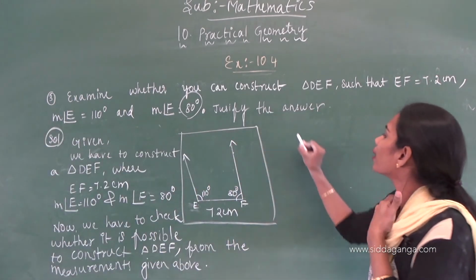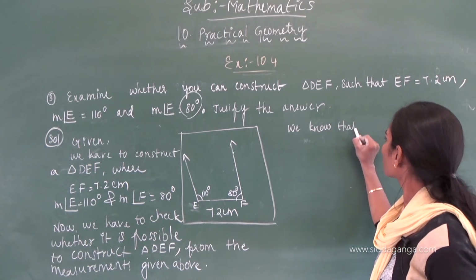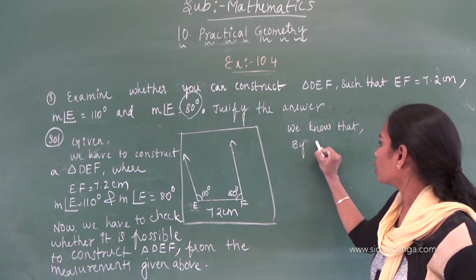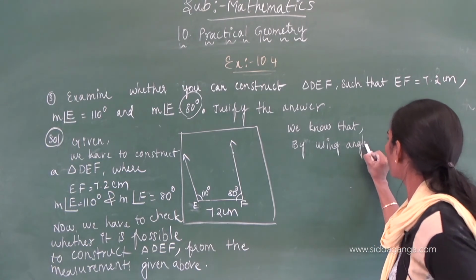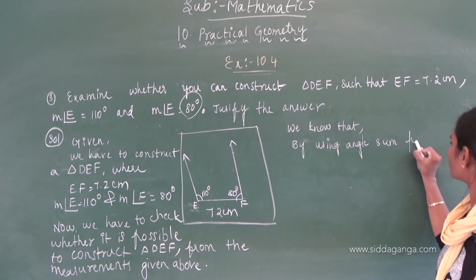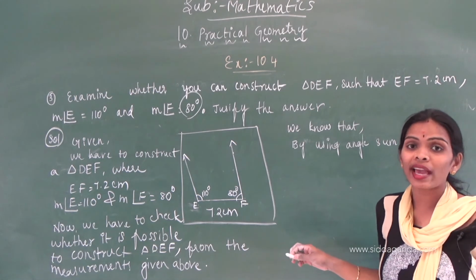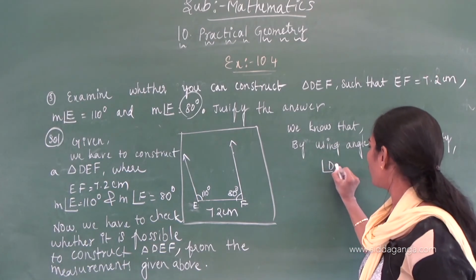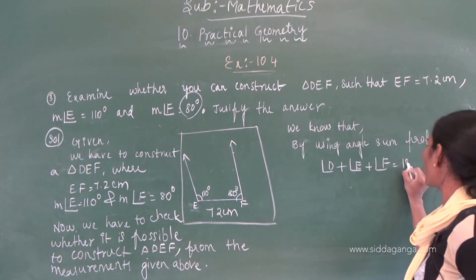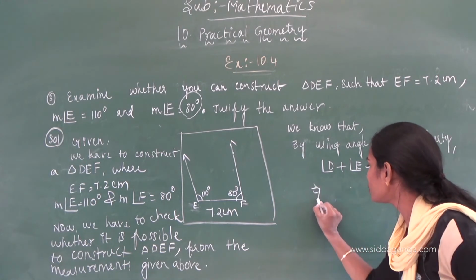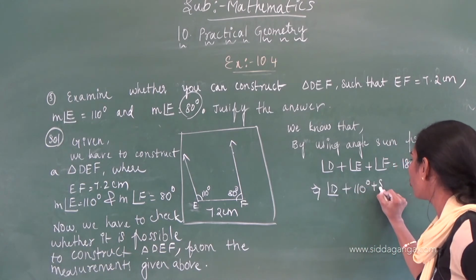We know that by using angle sum property, angle D plus angle E plus angle F equals 180 degrees. That implies angle D we don't know, angle E is 110 degrees and angle F is 80 degrees.